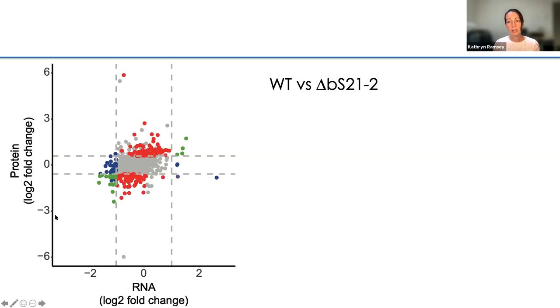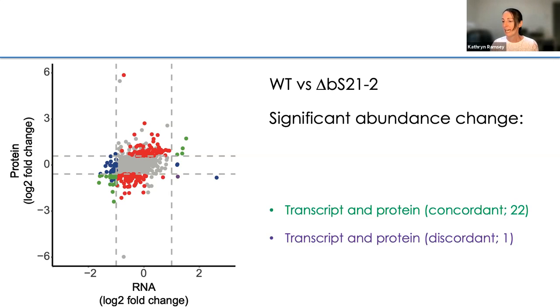And these dots are colored if we detected a significant difference in one of these analyses. Now you can see that there are a number of colored dots. There are about 250 of them. And so we can detect significant changes in both transcript and protein abundance in either green or in purple, changes in only transcript abundance in blue.